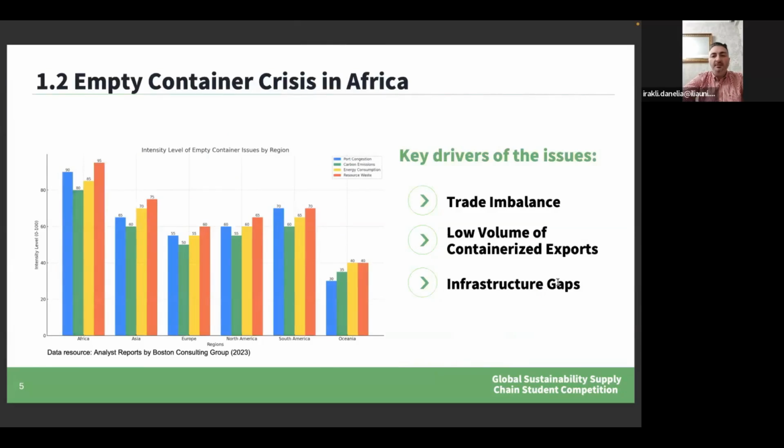So in that sense, I do believe that the import is dominant versus the export, right? So in that case, did you have a chance to analyze the case from the angle where the import flow and the import revenue can substitute for the lower export, including the empty evacuation cost? Can this kind of approach be the solution for the Africa case? Did you have a chance to analyze from that perspective?